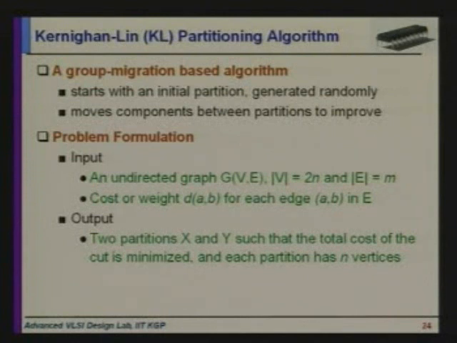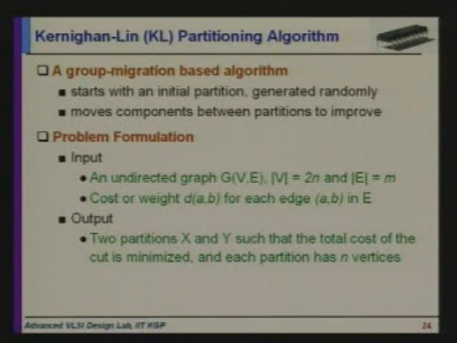And there are group migration type algorithms, which are deterministic, where I have an initial random partition, say, and I move components between the partitions to improve them. So, I move a component from here to here, I try to find out whether the cut size gets lower or not, right, and in this way we go on improving.